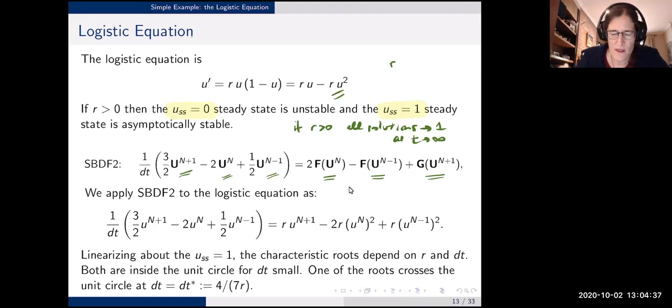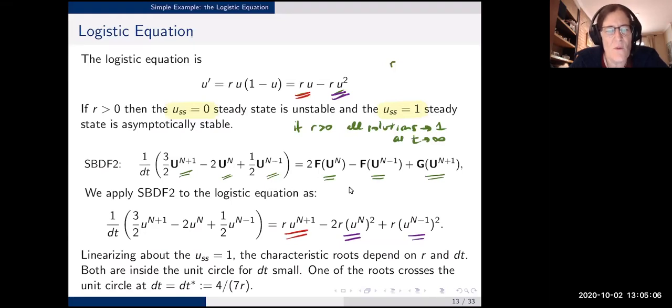The logistic equation has a linear term, and that is done in the future. It also has a nonlinear term, and that is done at the present and in the past. This is how you could apply this numerical scheme to the logistic equation.